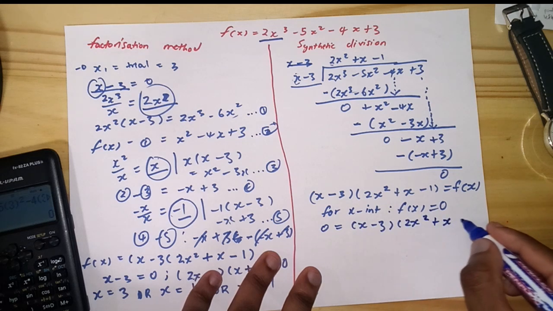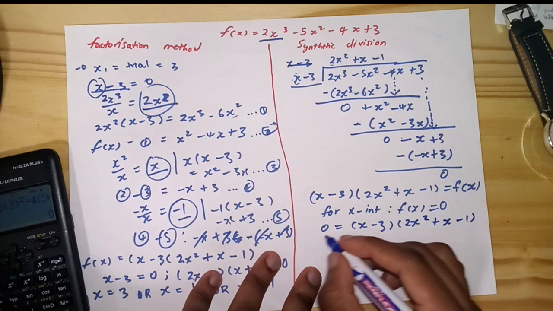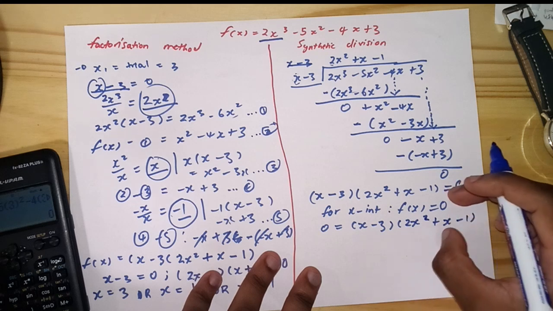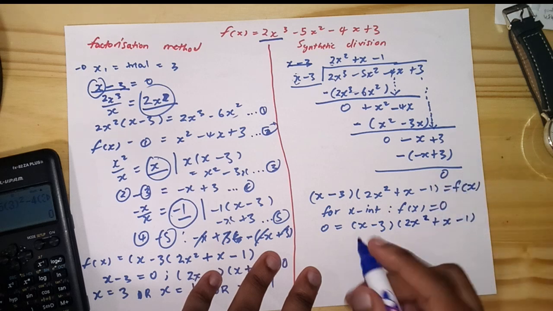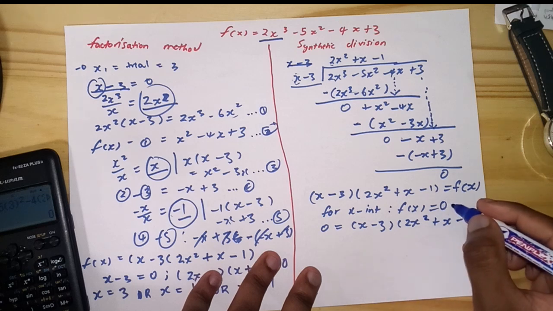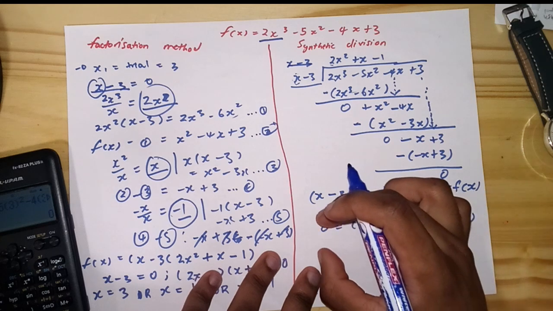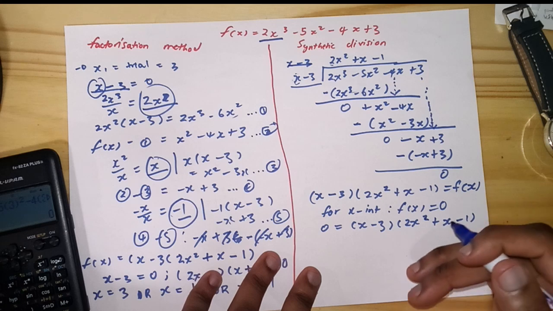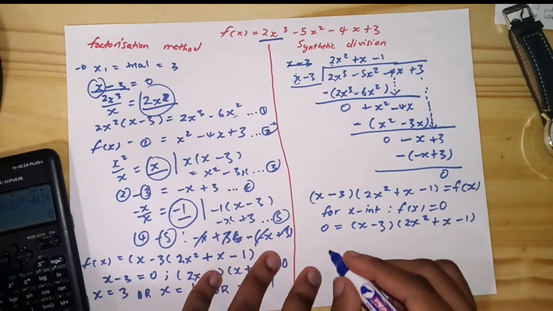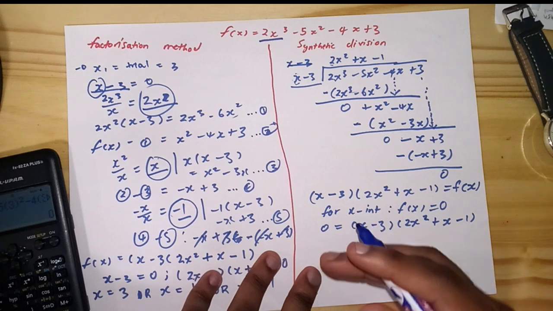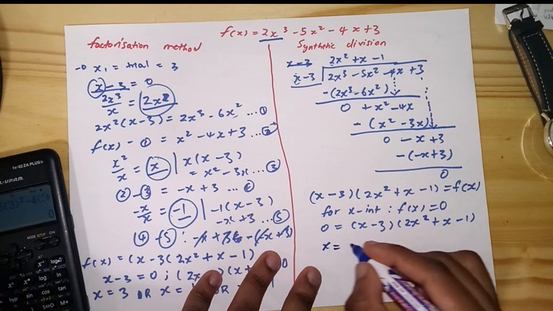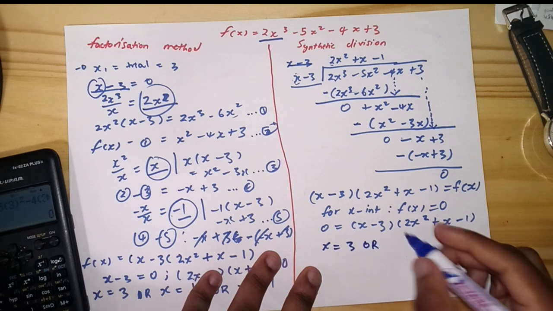What I'm showing you right now is the complete method that will enable you to get a mark, because this entire step is also applicable in terms of getting marks. They don't really mark this, to be honest. However, for you to be able to recognize what is an intercept, that would be very important, and you would not lose track of what you're doing. So you go forth, x is equal to 3, or what?